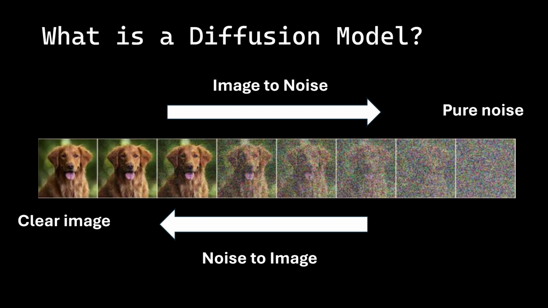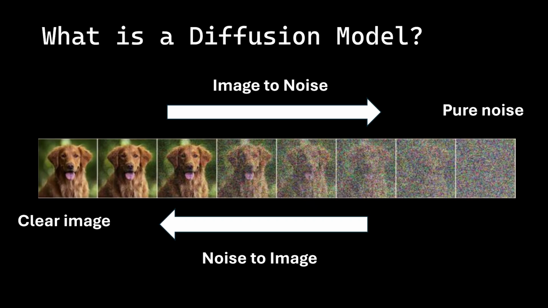First, how to take a clear picture, like the one of the dog on the left, and scramble it into complete noise, like the one on the right. Then, secondly, and more importantly, how to reverse that process, turning noise into the clear picture, like from right to left in the example.